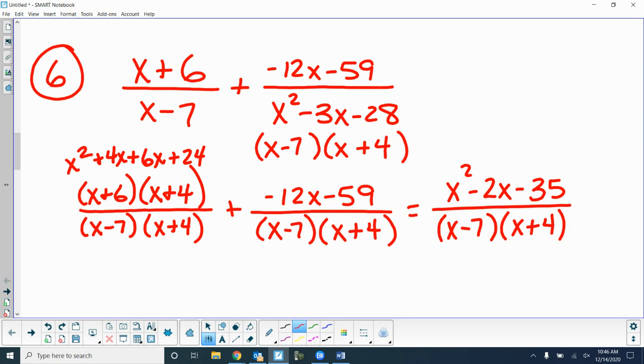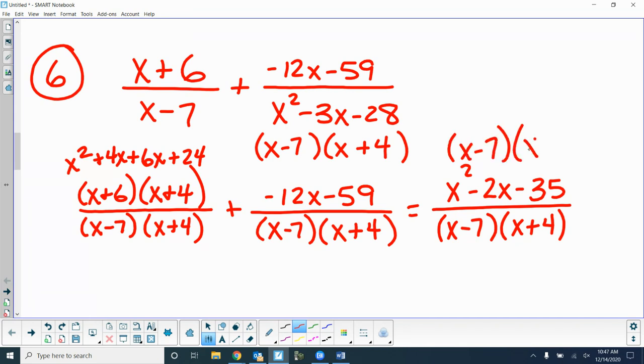That's the goal. Now you want to make sure your fraction is in lowest terms. Now is when you can factor the numerator if it's possible. Is it possible to factor that numerator? Are there factors of negative 35 that add up to negative 2? Yeah, negative 7 and positive 5.